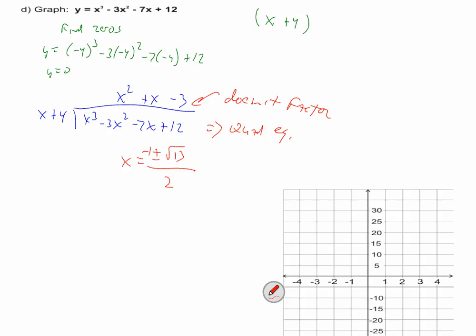Is that a graphable form? So you're going to have to get the decimals. Just use your calculator. This is a positive 1.3 and a negative 2.3. Okay, good. Now I know my zeros.